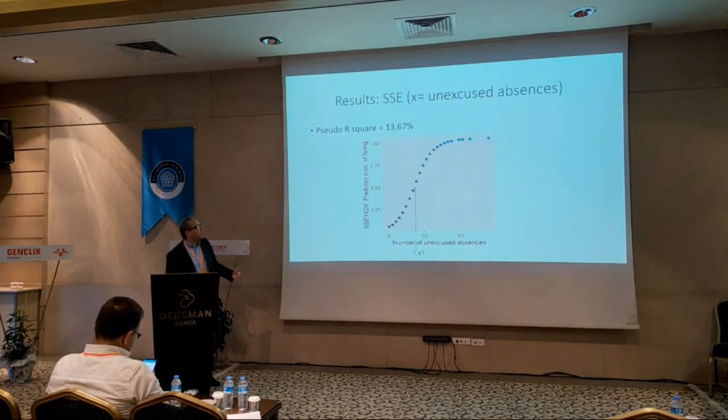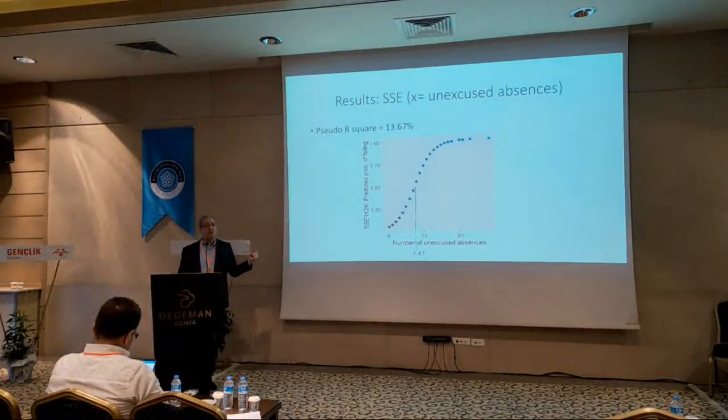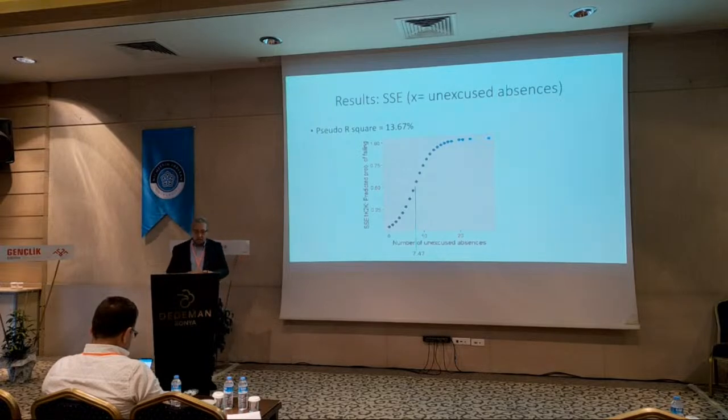The School of Science and Engineering has a lot of technical courses, so the number of absences is less, around 7.5. If the average number of absences is 7.5, then the probability of failing the class becomes more than 50%. So here it is clearly seen that the probability of failing a class is highly related to the nature of the course.